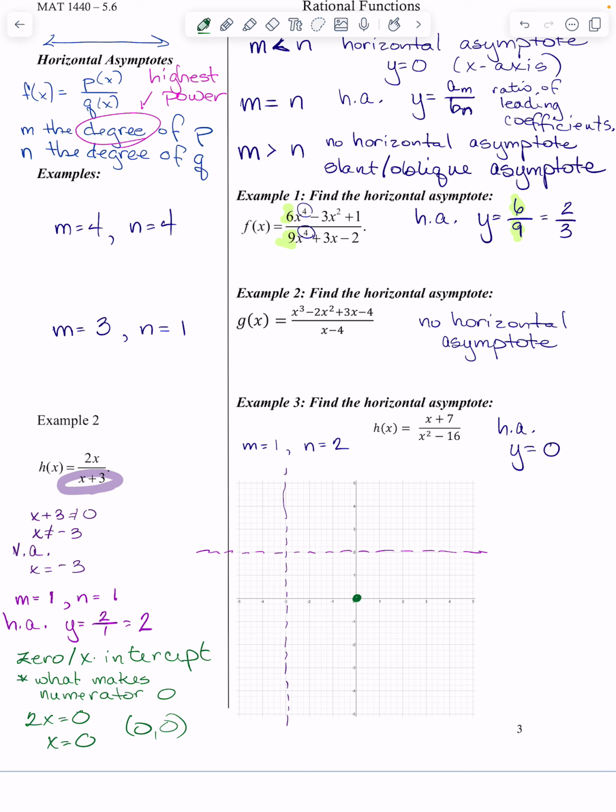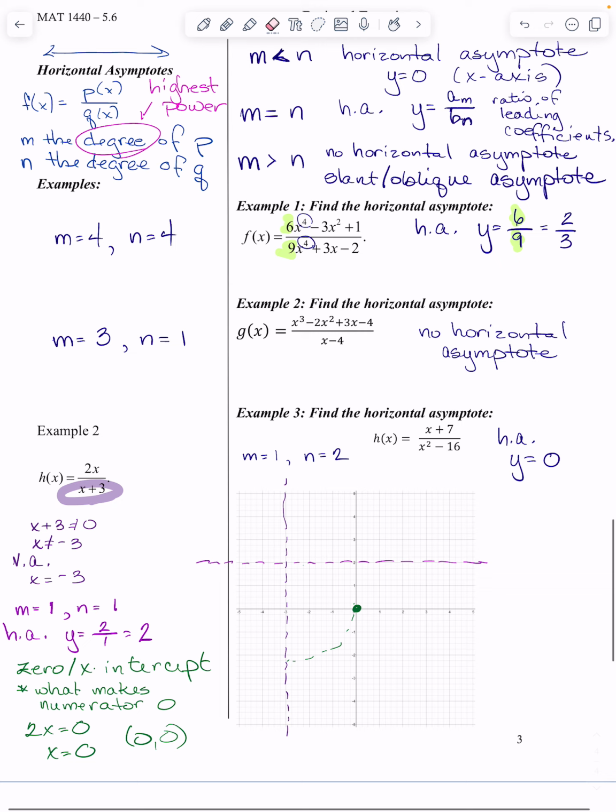Now, here's the thing. I could plug in numbers to see if I can figure out what's going on. I know that as I go up, I can't go up to the left because that's going to hit an asymptote. Also know that as I go down, it's not going to curve in this way.